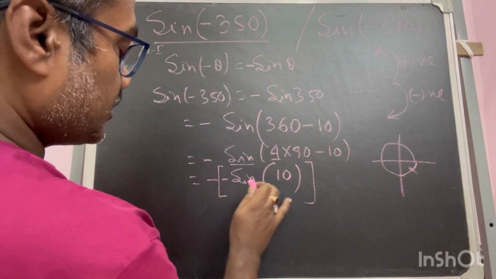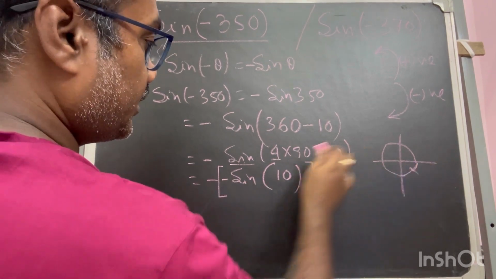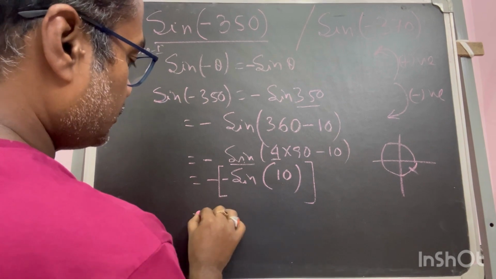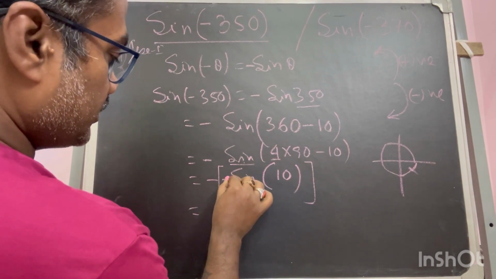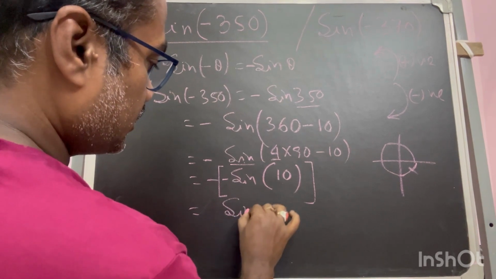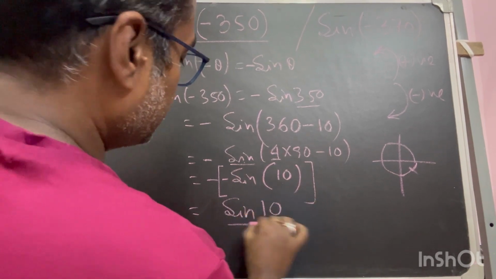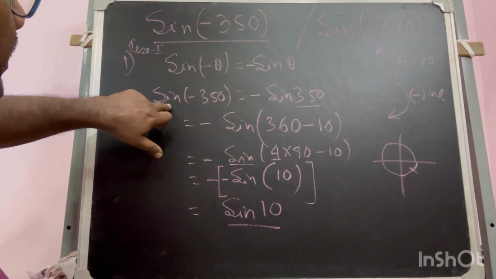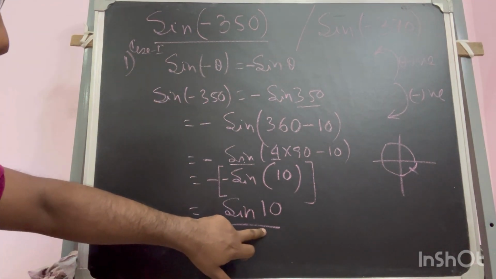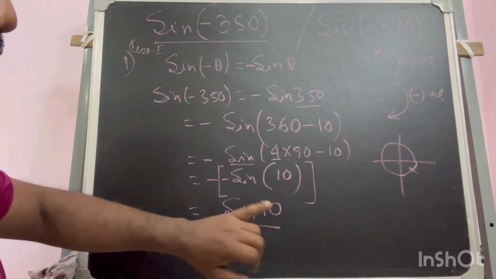Now another minus will come, because this angle comes to the fourth quadrant. So minus and minus gives plus, and ultimately this will turn into sine 10. So ultimately sine of minus 350 is giving you plus sine 10 degree.